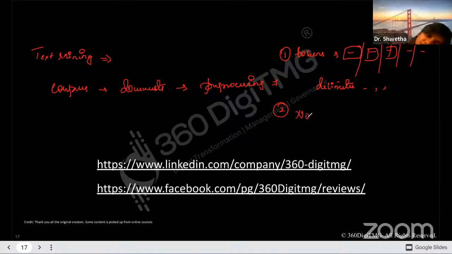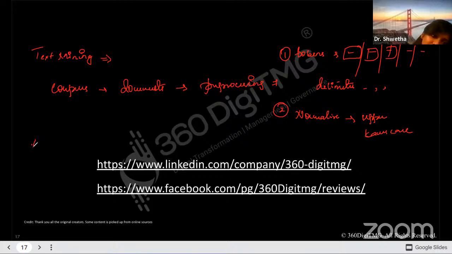Next, we can also normalize the data by converting all the words in the corpus into one normal form or the same format. Either we can convert the whole data into uppercase or the whole data into lowercase, but it should be in a normalized format. Why are we doing these pre-processing steps?